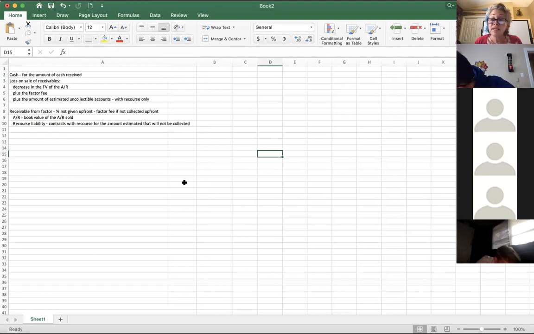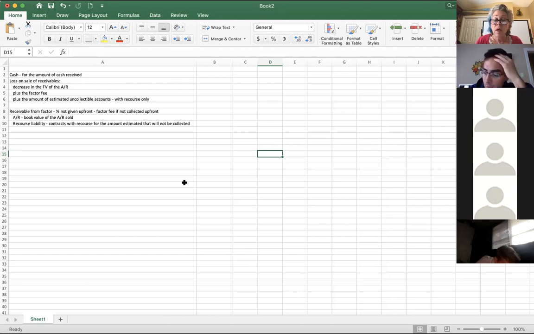That loss is the sum of the decrease in the fair value of your accounts receivable, plus your factor fee, plus the estimated amount of uncollectible accounts, but this would be only for contracts with recourse.